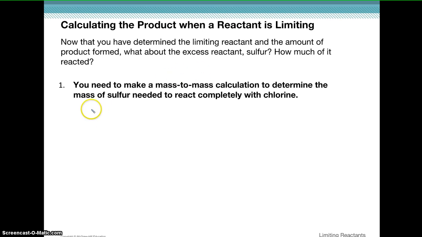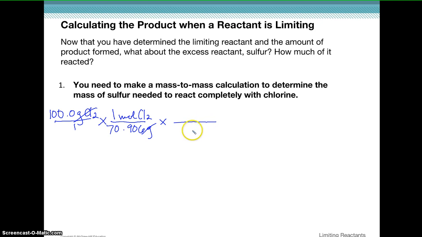So for this one, we go back and start with the one that's limiting, which we said was chlorine. So 100.0 grams of Cl2 over 1. Convert it to moles. 70.906 grams per mole, so our grams cancel. Now we want to figure out how much sulfur would react with our limiting reactant. So our sulfur goes on the top and our chlorine on the bottom, so it cancels.